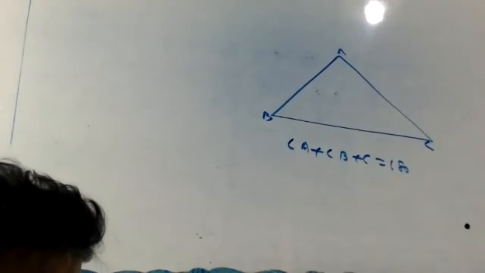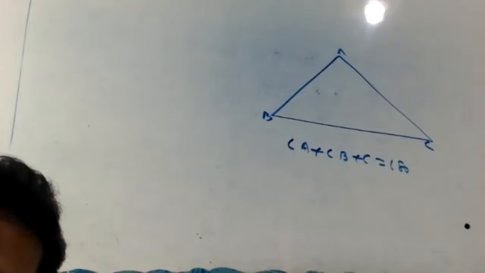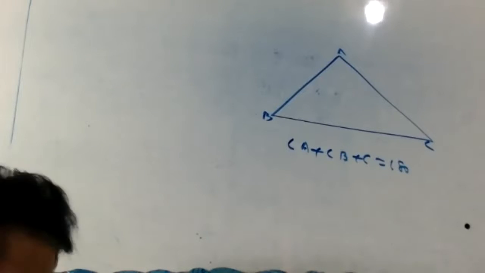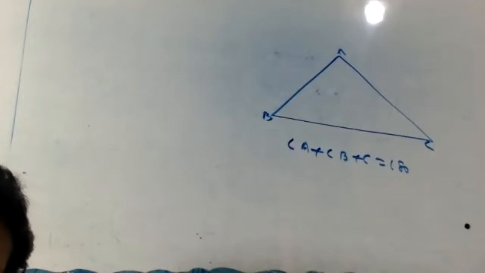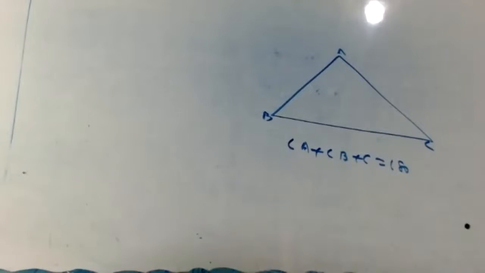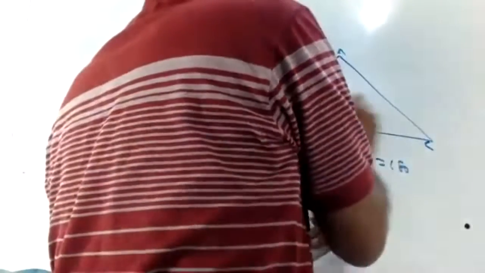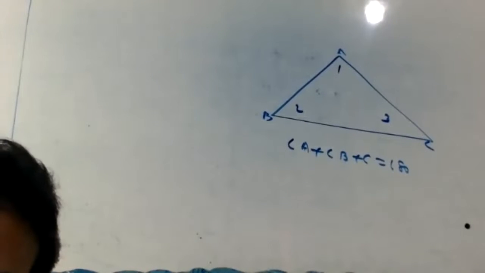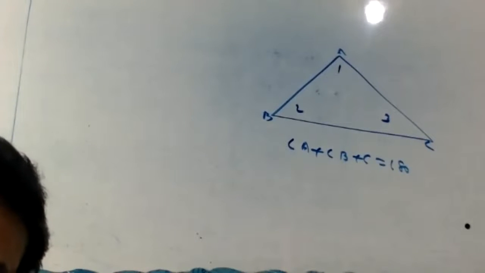Given a triangle ABC. Then to prove angle A plus angle B plus angle C is 180 degrees.